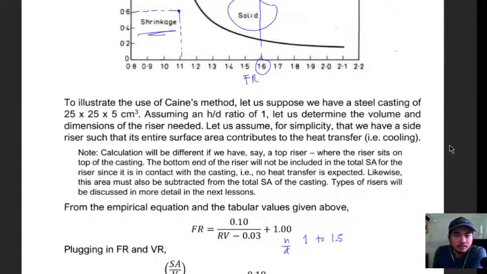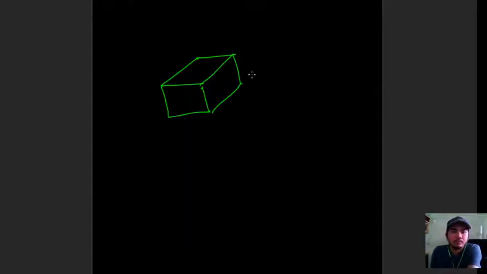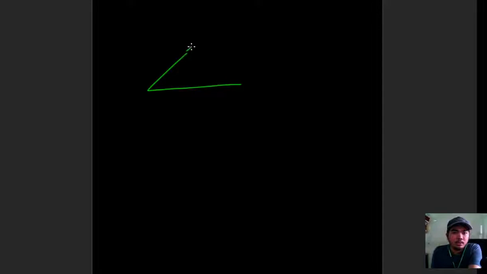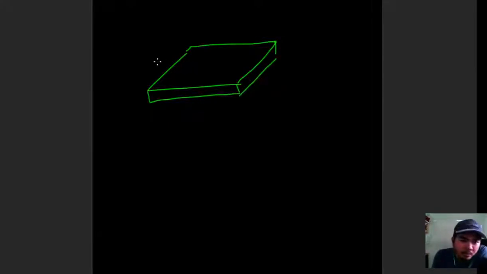Okay? So if I were to draw it, it will look something like this. 25 by 25 by 5. And this is more of a plate rather, no? The way we determine if it's a plate or a bar is we look at the width over the thickness.